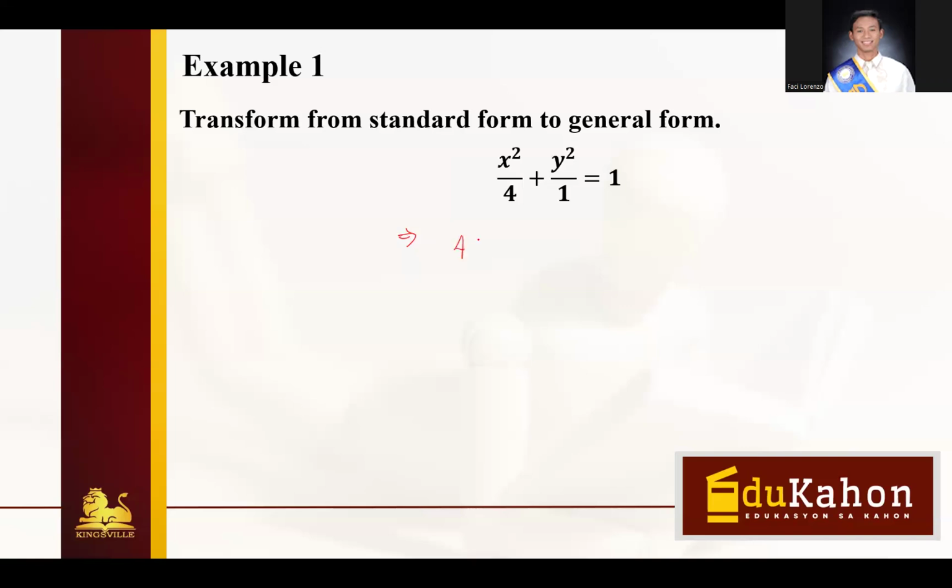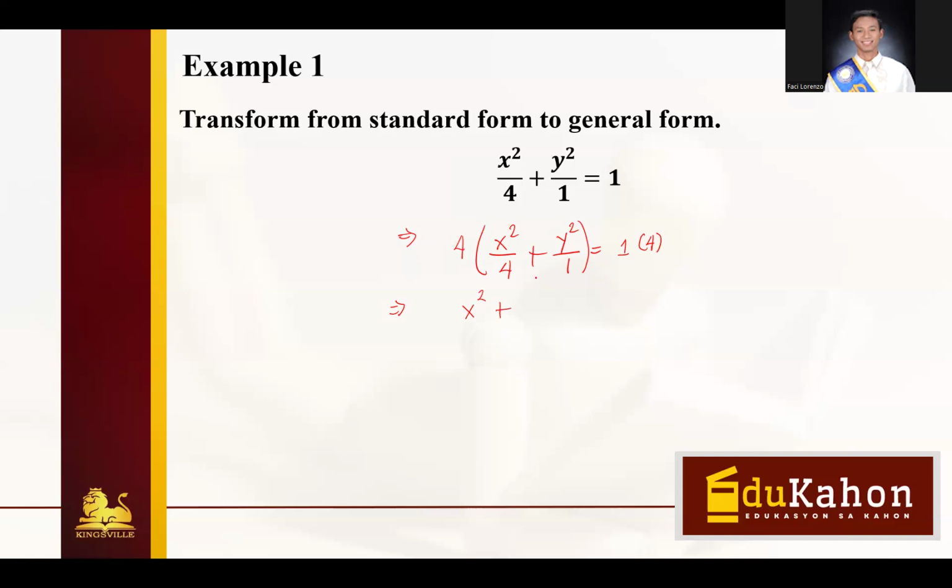So we multiply 4 by x squared over 4 plus y squared over 1 is equal to 1, and 1 is also multiplied by 4. Okay? Then we have 4 divided by 4 is 1, and 1 times x squared is x squared.